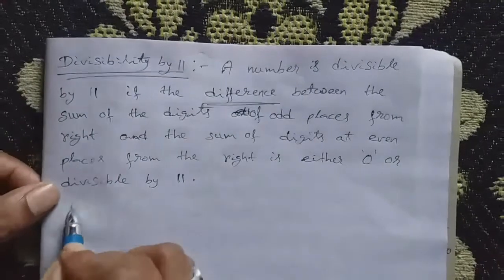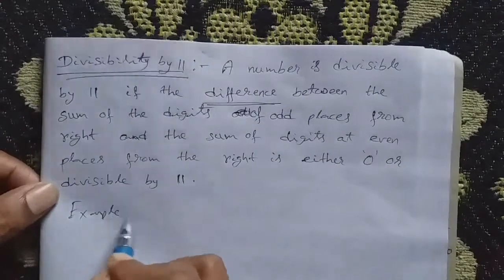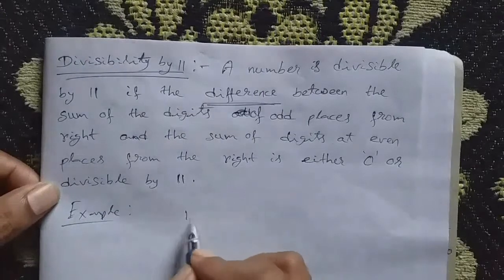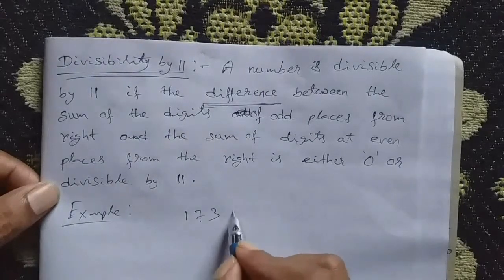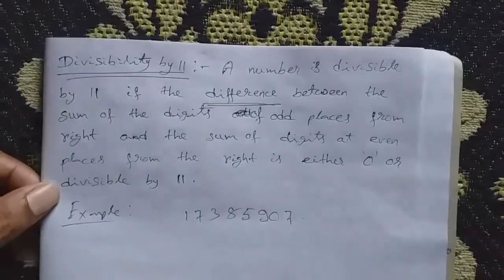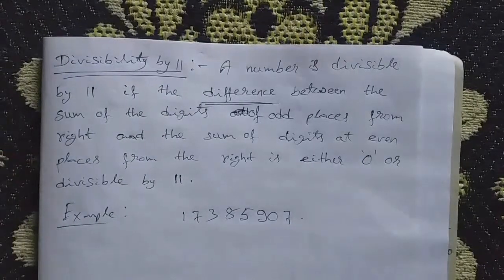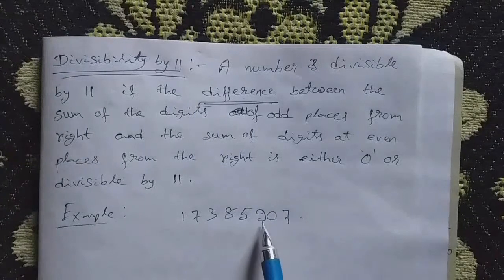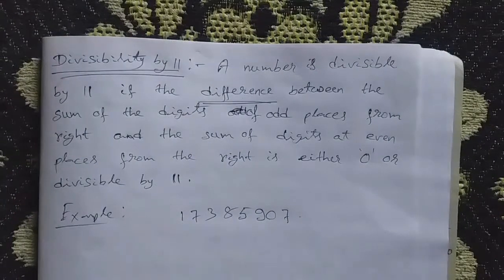Suppose I am taking a number. So how many digits are there? Check first. 1, 2, 3, 4, 5, 6, 7, 8. 8 digits are there in the number. So there are certainly 8 places.